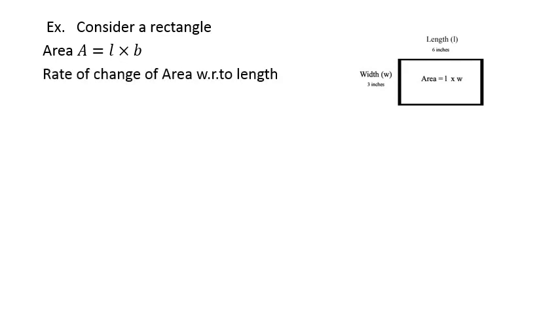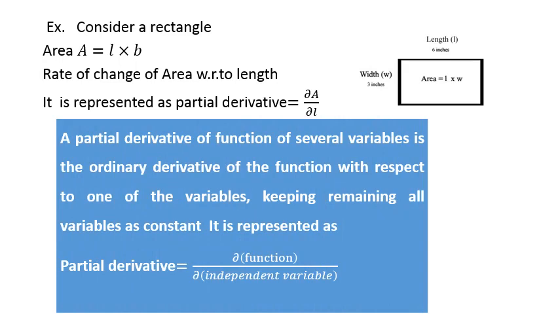If we want to find the change of area with respect to length, it is represented as the partial derivative dou A upon dou L. Thus, a partial derivative of a function of several variables is the ordinary derivative of the function with respect to one of the variables, keeping all the remaining variables constant. It is represented as dou of function upon dou of independent variable.